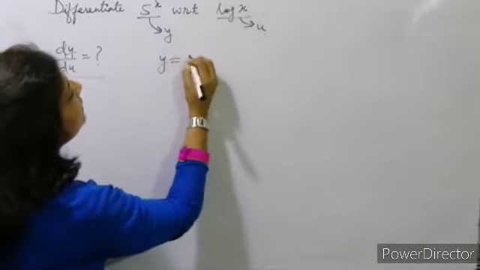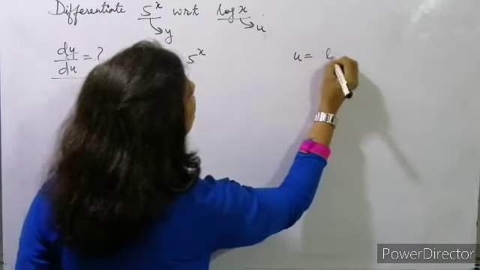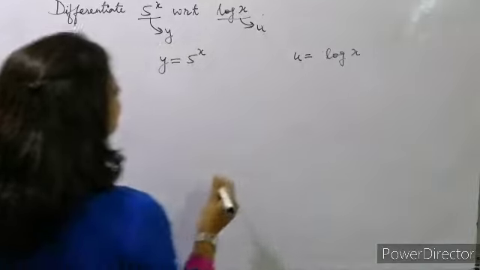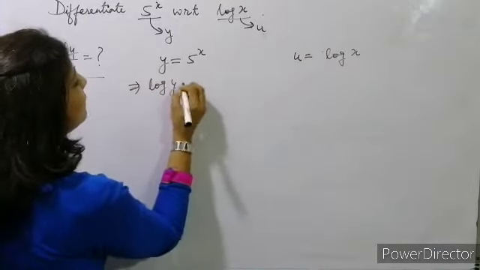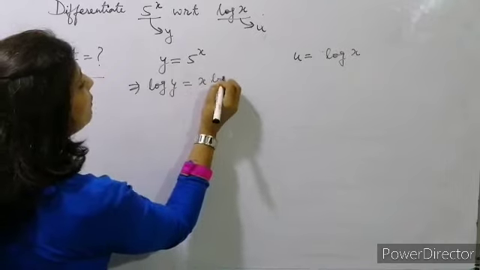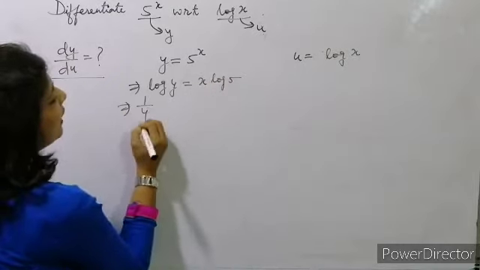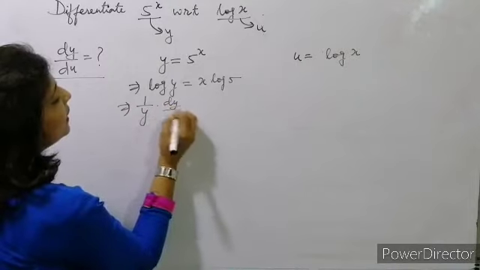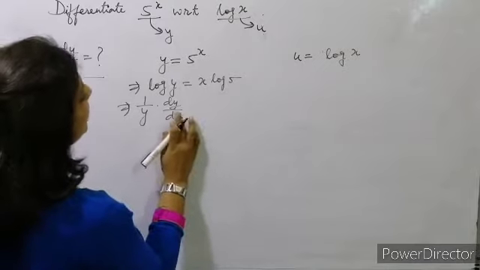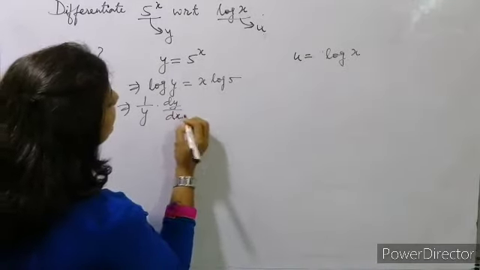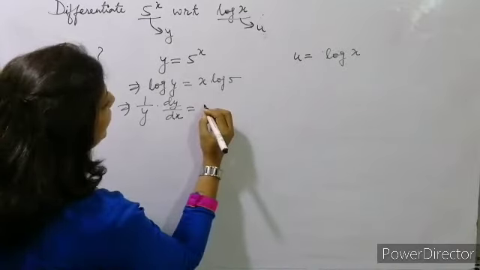So y is equal to 5x and u is equal to log x. ठीक है, so we have to apply log y will be equal to x log 5. ठीक है, so it will be 1 upon y multiplied by dy by dx equal to x log 5.